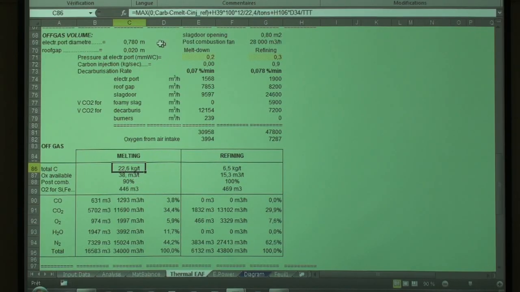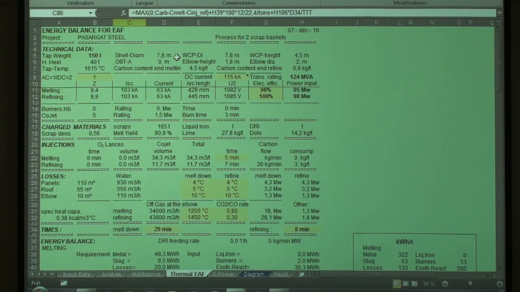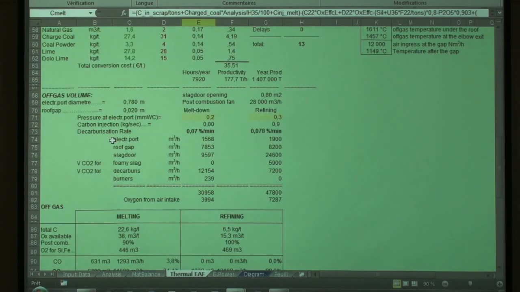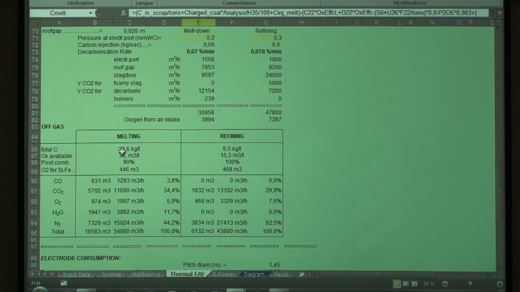So minus the carbon remaining at the end of melting, which is calculated here, carb melt. We will see later how it's calculated. It's rather complicated. Minus the injected carbon during refining phase. So this is the carbon which should go out.